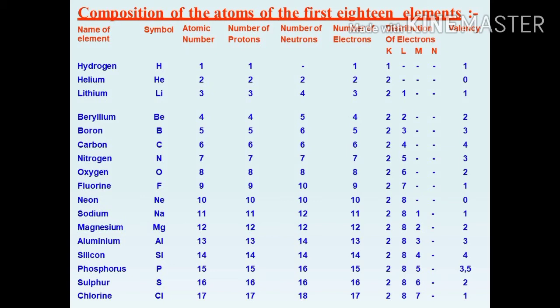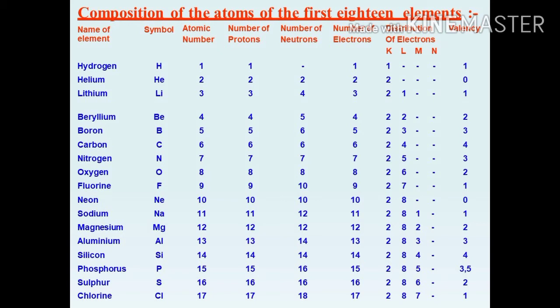Then see this table. The name of the element hydrogen, symbol H, atomic number 1. In hydrogen only one proton is there, there is no neutron, and only one electron. One proton and one electron. Then what is the electron arrangement in the orbit?